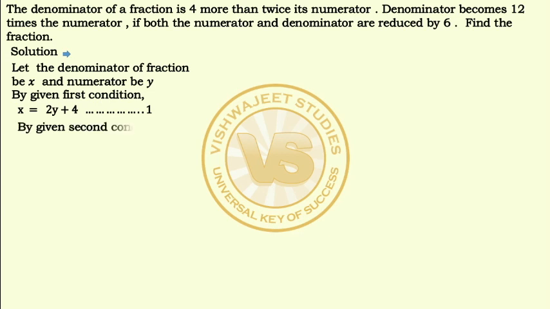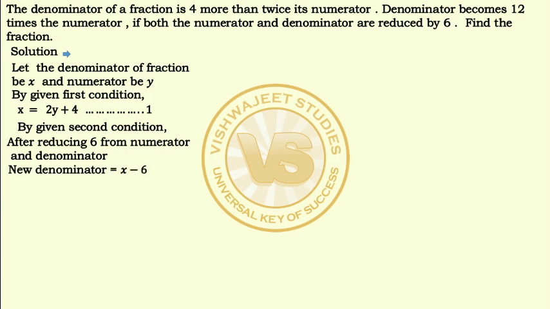The second sentence is our second condition. We get the second equation after reducing 6 from the numerator and denominator, which we have already considered. After reduction, the new denominator is x - 6 and the new numerator is y - 6.